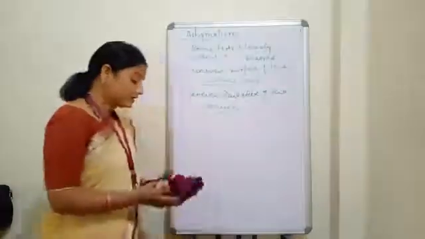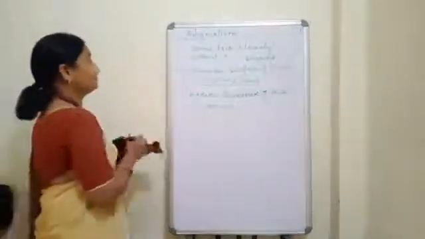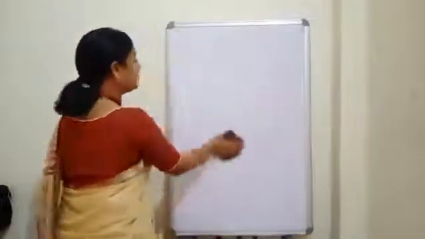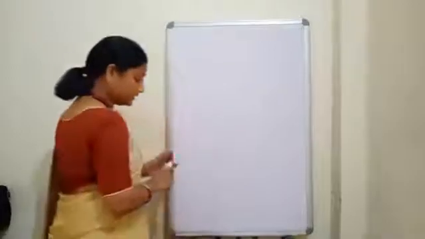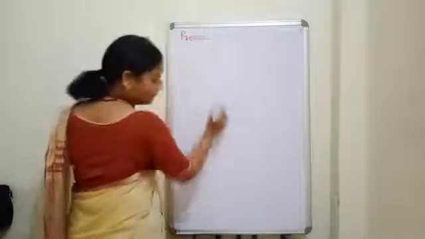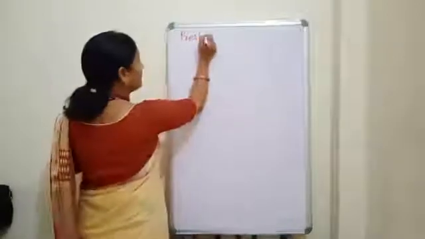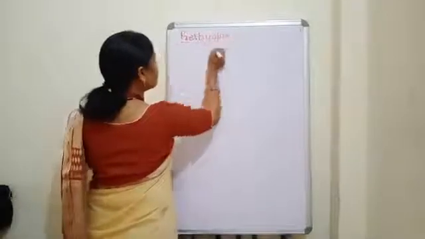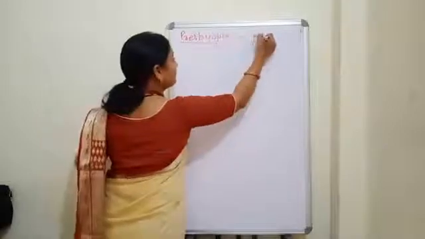Okay, next is presbyopia. So I am going to erase this and I am going to explain to you about the next disease called presbyopia. Okay, this is an old age problem.